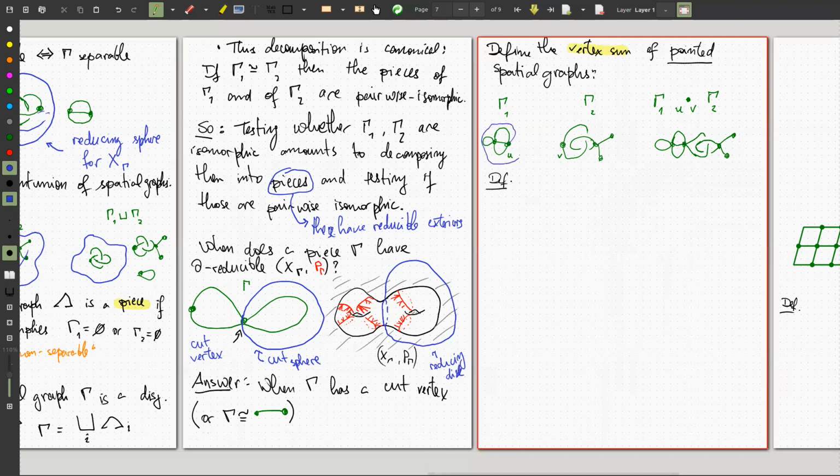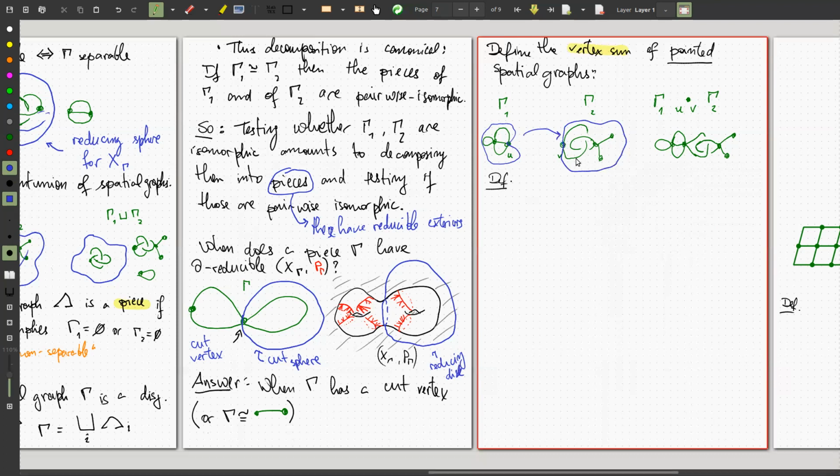You have a ball for this one, and another one for this one, touching only at the vertex, and then you need a map sending vertices to vertices, and you glue. But showing that this is independent of the choice of these balls and of the choice of maps is one of the most technically difficult parts of the paper, because it's a very particular behavior that these balls have to exhibit near this vertex.